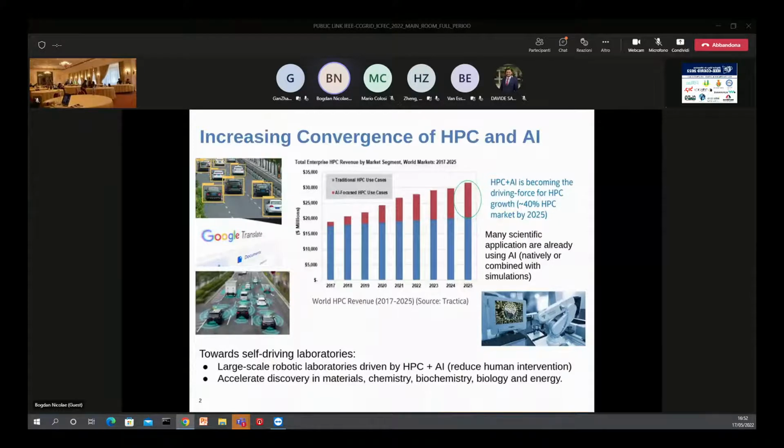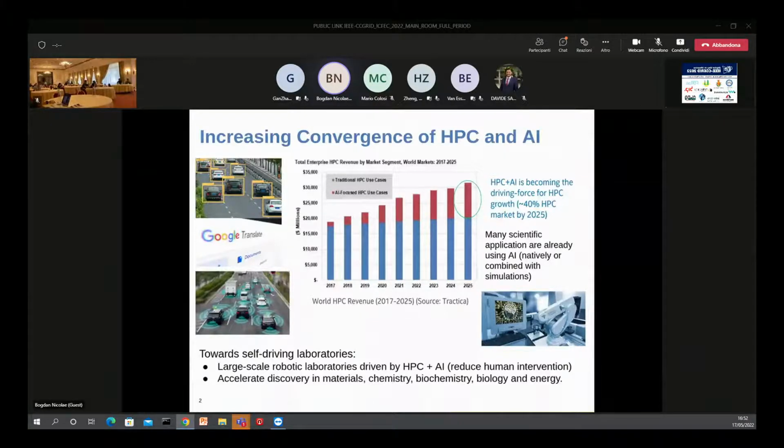For example, at Argonne, we have a cancer research application. This uses AI to detect tumors in medical images, or it personalizes the treatment of patients based on their genetic profile, and so on.